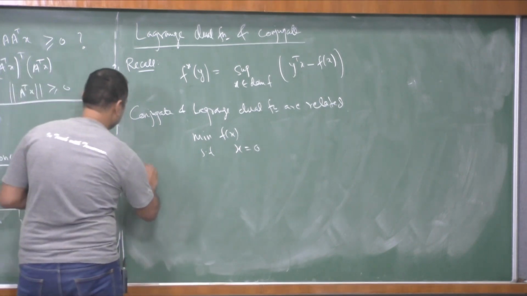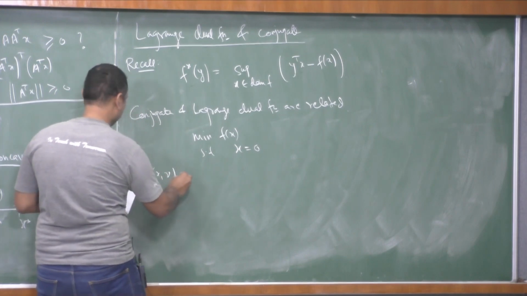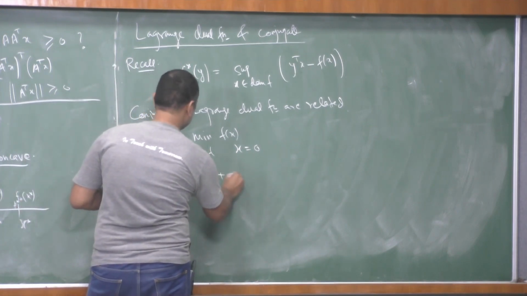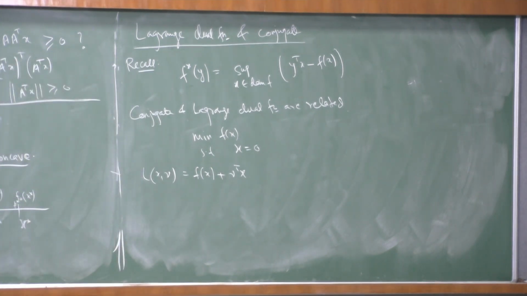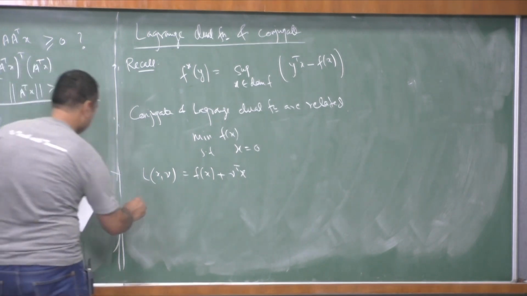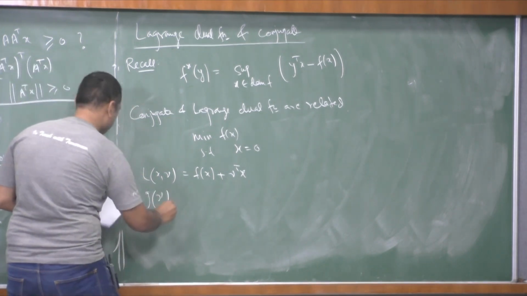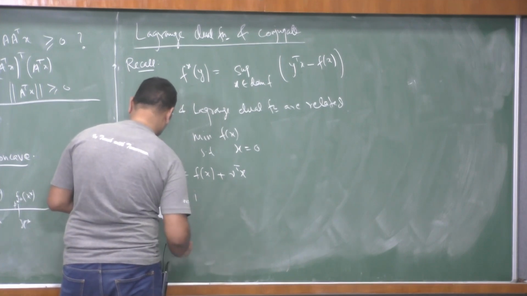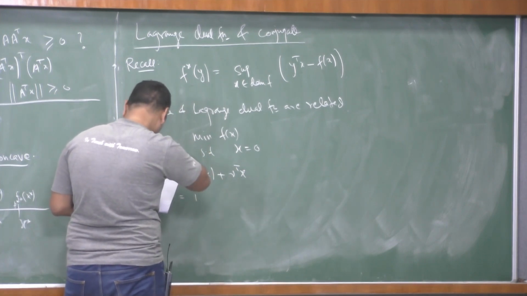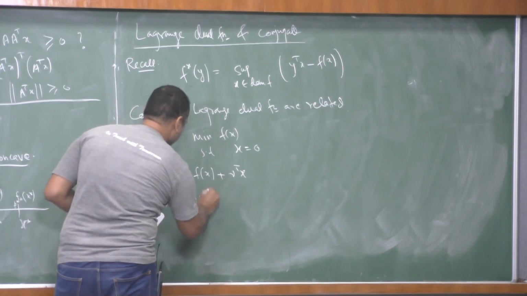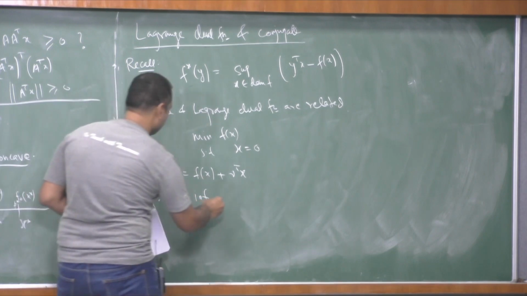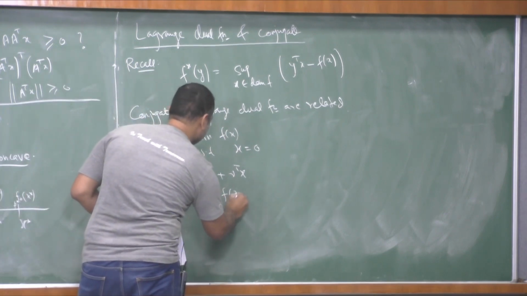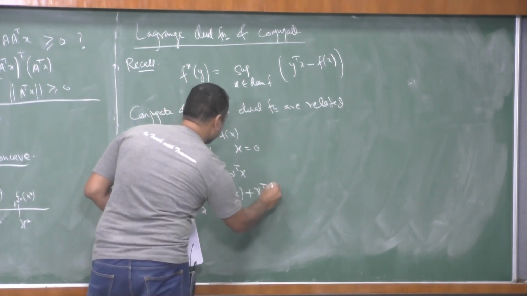The Lagrangian is L(x, nu), which is f(x) plus nu transpose x. Now let us look at the Lagrange dual function g(nu). We infimize L over x to get g(nu), so this is the infimum of f(x) plus nu transpose x.